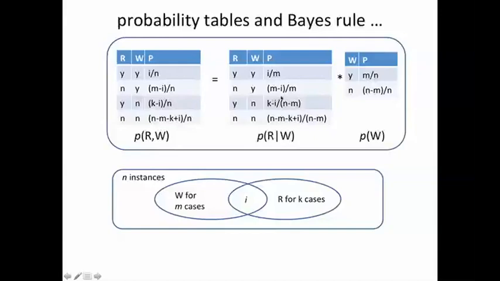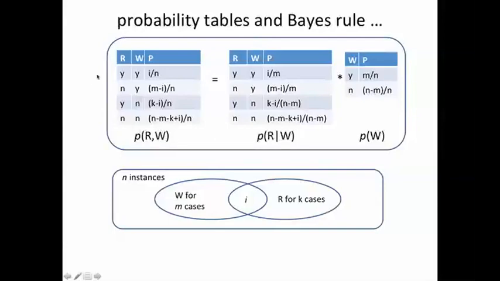Similarly, for every other row, we would simply rewrite the denominator m by the appropriate value so that we get the conditional probability over here, and the probability of W falls out in this term.